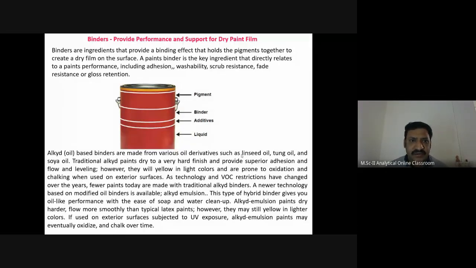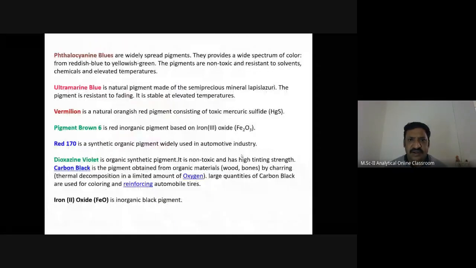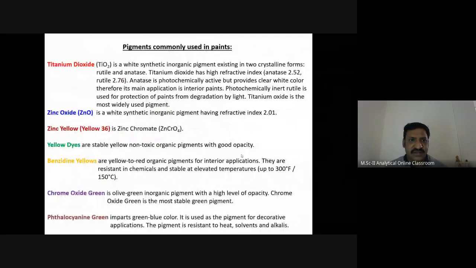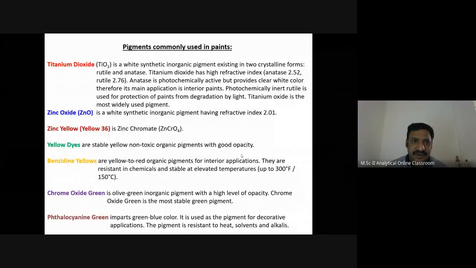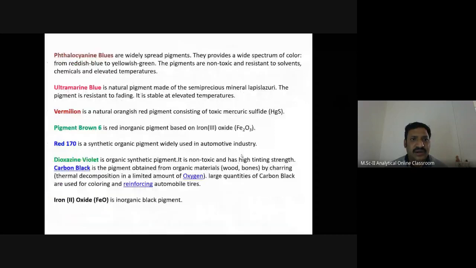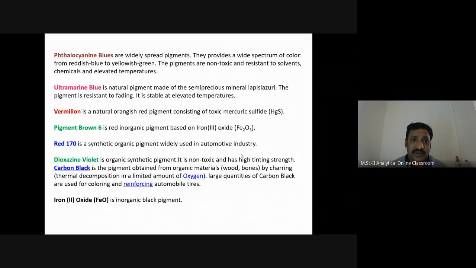Before that, all of you have seen the pigments. Pigments commonly used in paints are titanium dioxide, zinc oxide, zinc yellow 36, zinc chromate, that is ZnCrO4, then yellow dyes, benzidine yellows, chrome oxide green, phthalocyanine green, phthalocyanine blue, ultramarine blue, vermilion, pigment brown 6, red 170, dioxazine violet, carbon black, and iron(II) oxide, that is FeO, an inorganic black pigment.